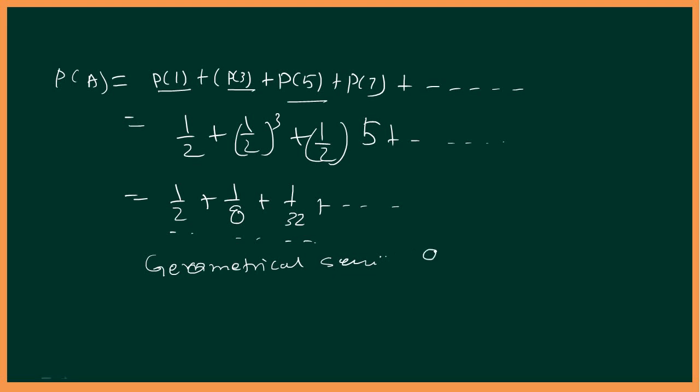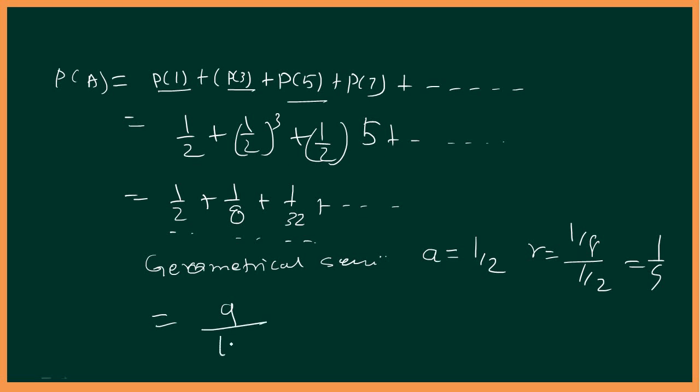Here our first element A is 1 by 2, and our common ratio R will be 1 by 8 divided by 1 by 2, which means R will be 1 by 4.